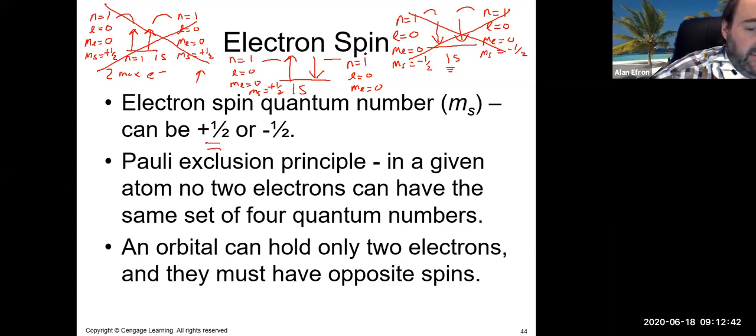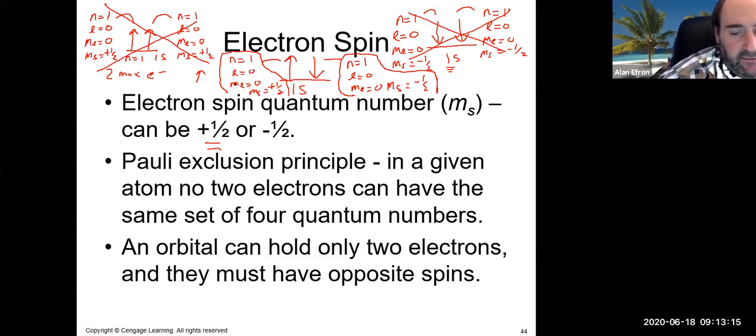And you may say to yourself, that's 3 for 3 the same. But what makes it different is the spin on that electron. It has a value of minus 1/2. So the 4 quantum numbers here and the 4 quantum numbers here are technically different. They are not the same 4 quantum numbers. And the only difference is the spin quantum number, which allows you to put two electrons into the same orbital, but they need to have opposite spins.